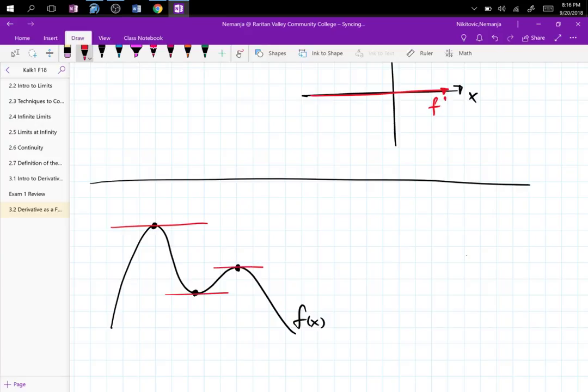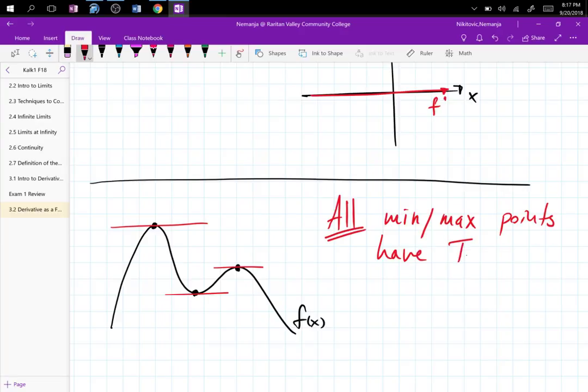So this means that, and I have to write this in blood because it's very important: all min-max points have a tangent line with slope 0.